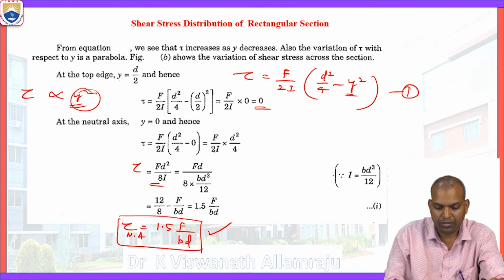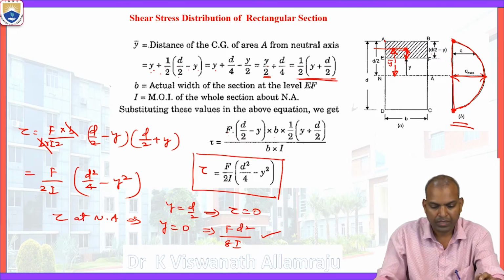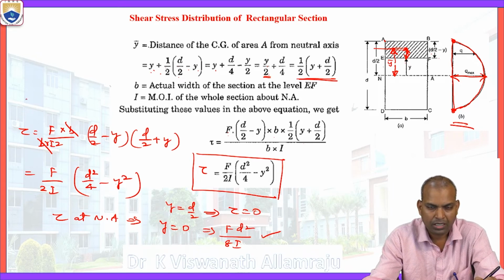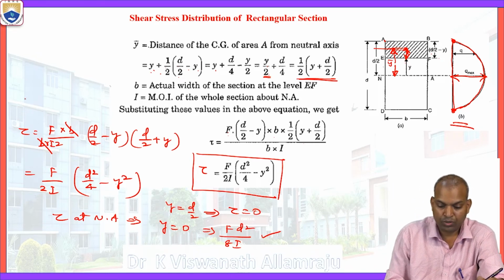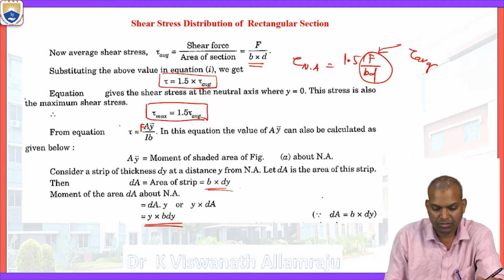So here we solved by using two methods. One method uses tau equals F A y bar by I b, where we find A and y bar. The other is the direct solution.